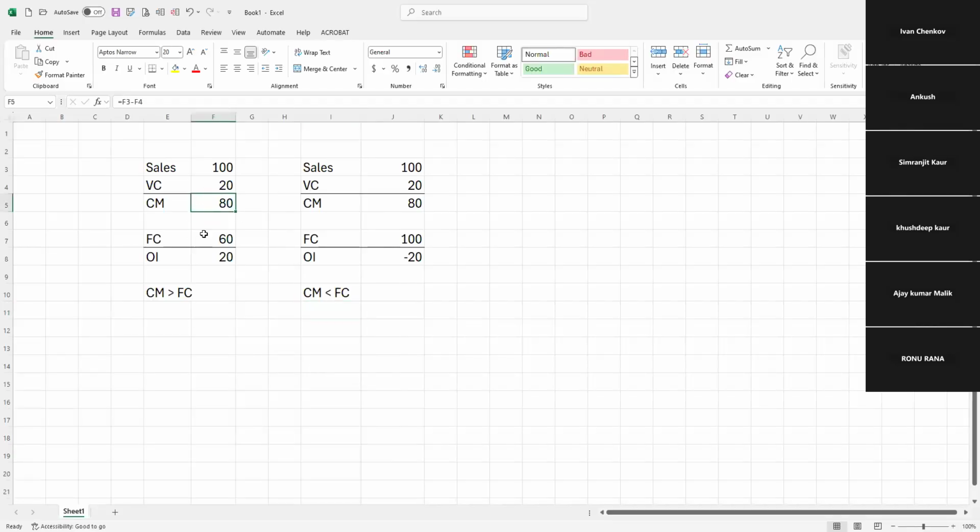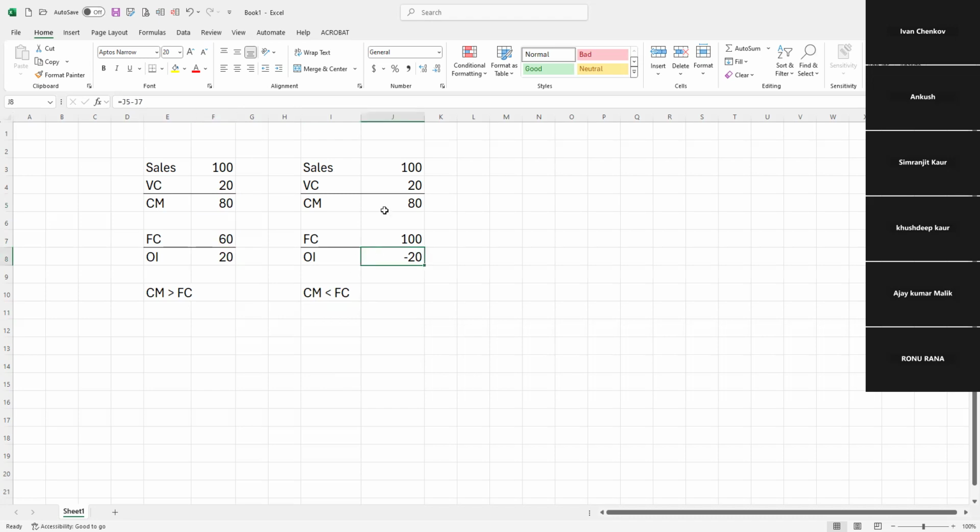If I eliminate this product, what can I save, what am I losing? If I eliminate this product, I can save $60. But I'm going to lose $80 contribution margin. So I know I'm going to lose $20.